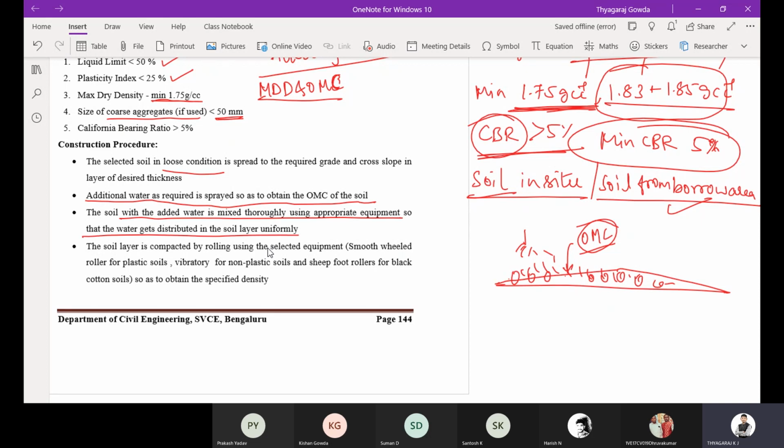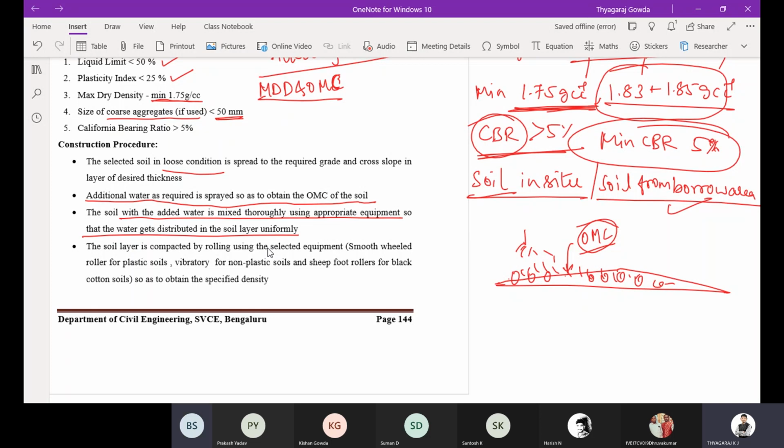After adding the water content, you mix the soil and water uniformly so that all the soil in the layer will absorb the water.